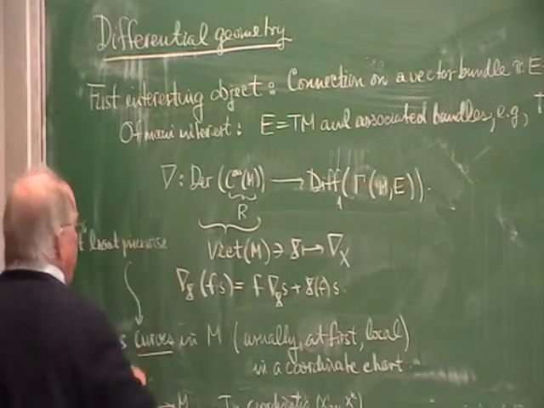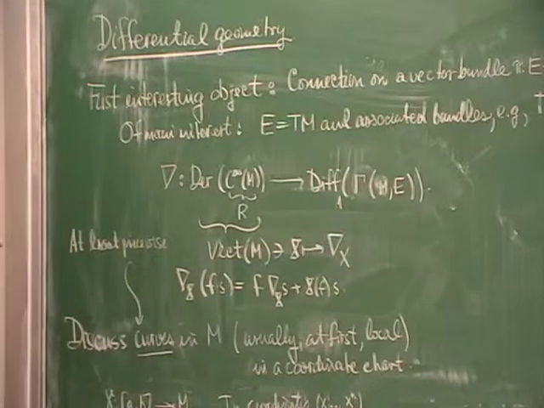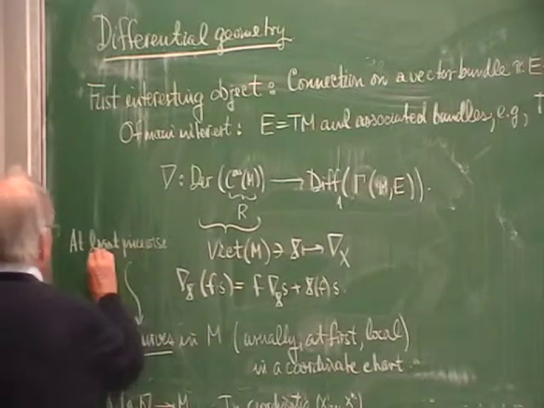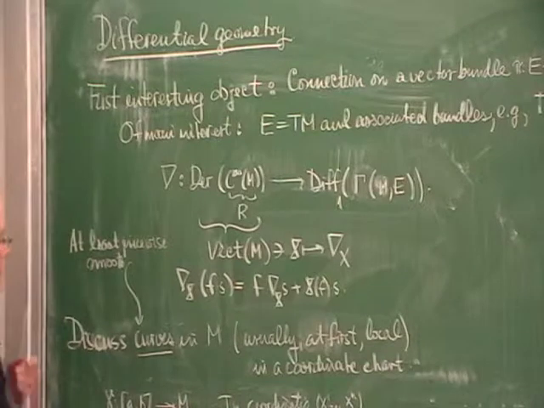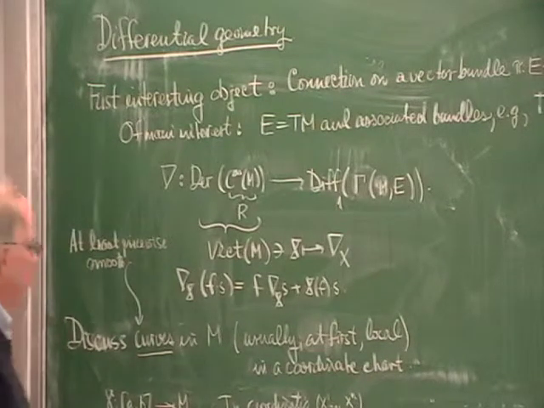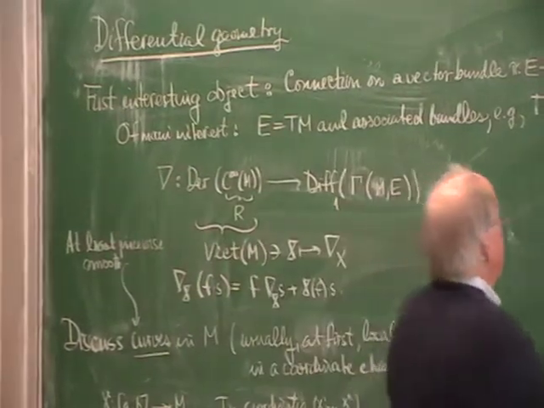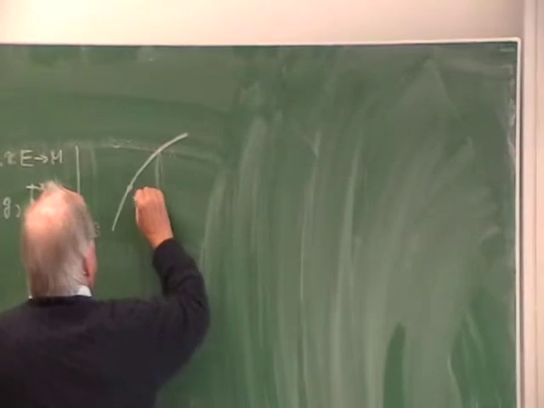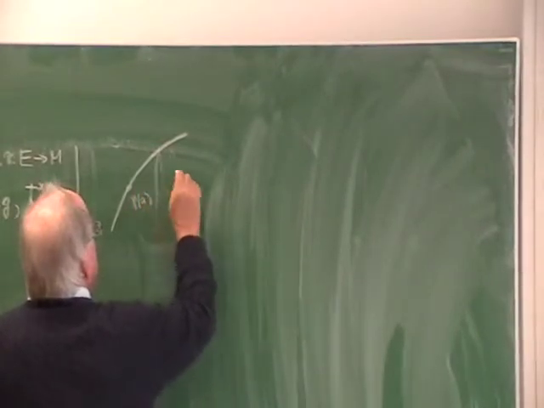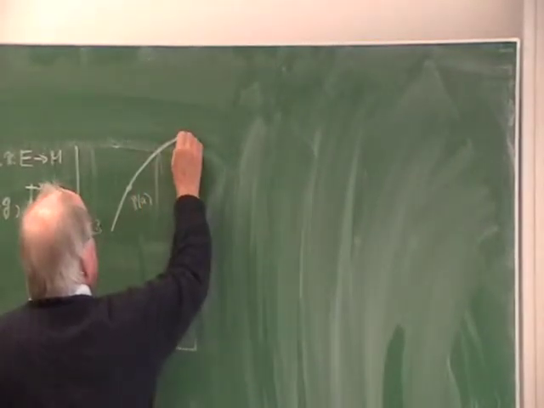And with one exception, almost always smooth. So we have some curve in a coordinate chart. Here's gamma of a, and it goes along here to gamma of b.